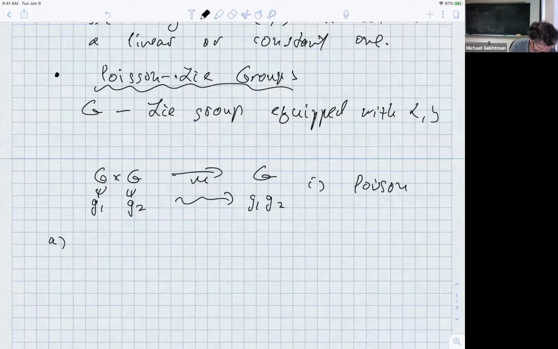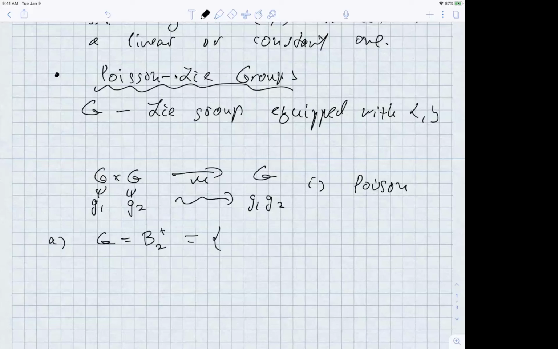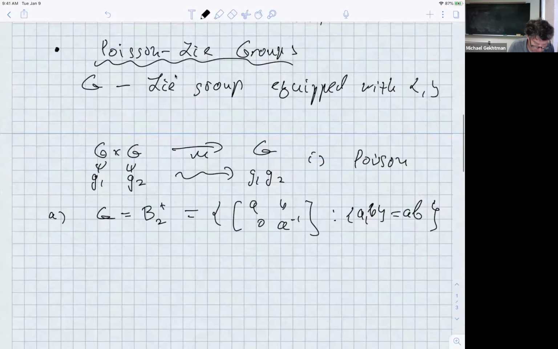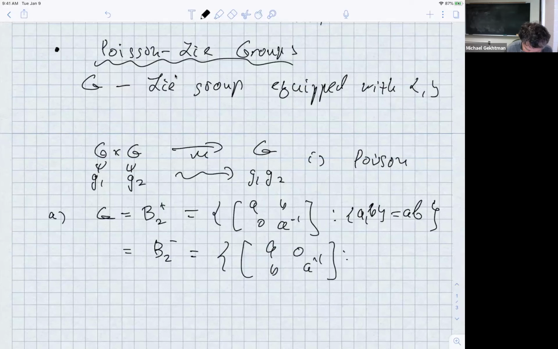So suppose our G is, let me call it, B2 plus, just the set of 2 by 2 invertible triangular matrices, and the Poisson bracket is just the product of those two coordinates, right? And similarly, another example is B2 minus, A inverse B 0, the same bracket.